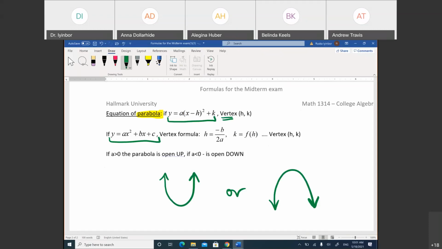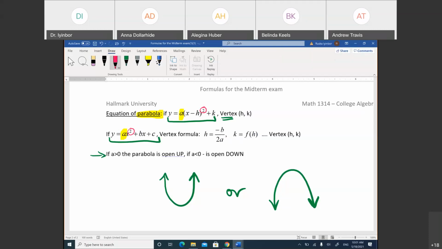So the parabola opens up, it says here, if A is positive. A is the number in front of the square. This is the A. And those two equations, you can go from one to another the same way you go from standard to slope-intercept, okay? Those are just two different forms. And what is important, both of them have a square.